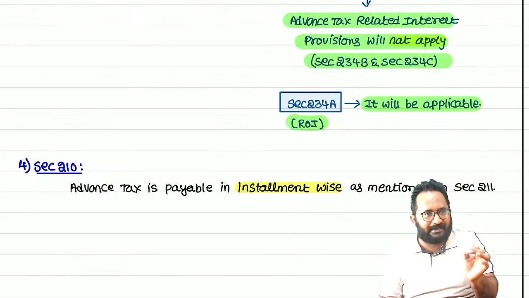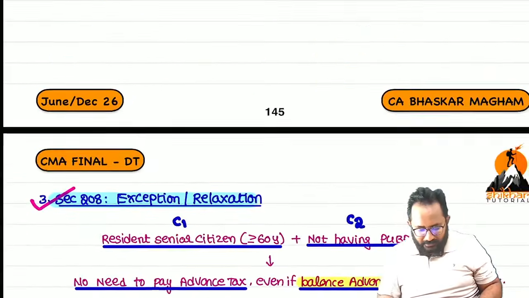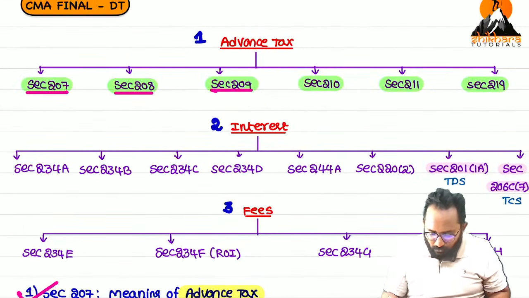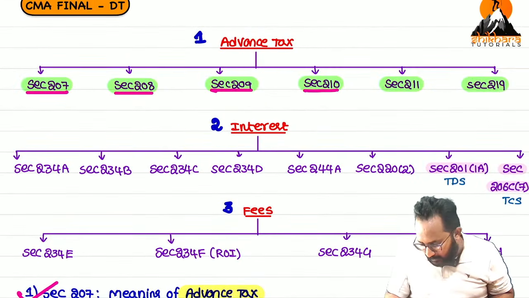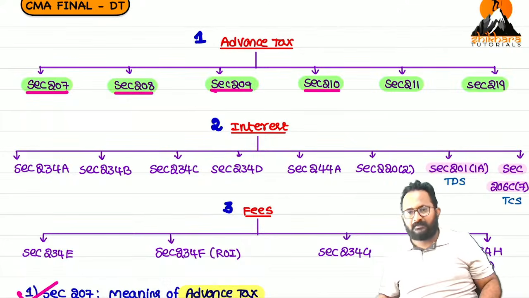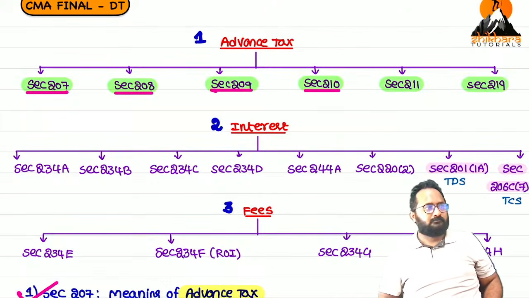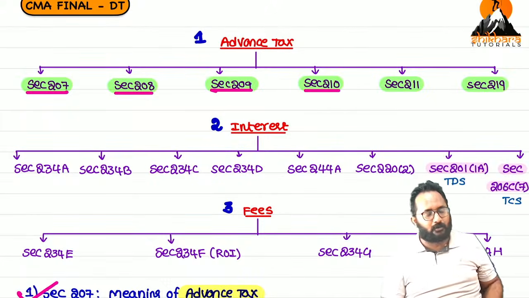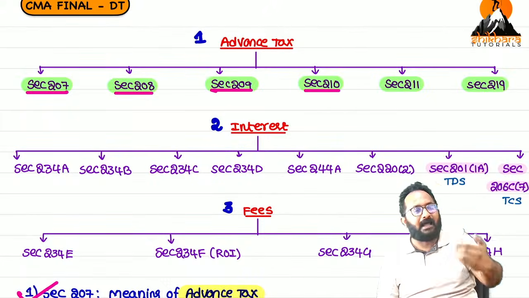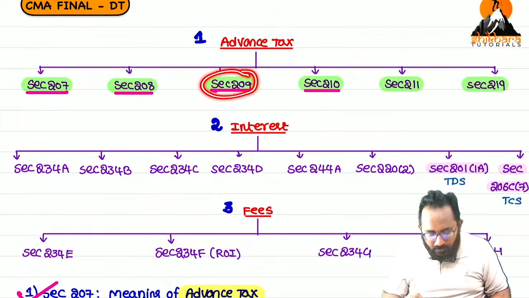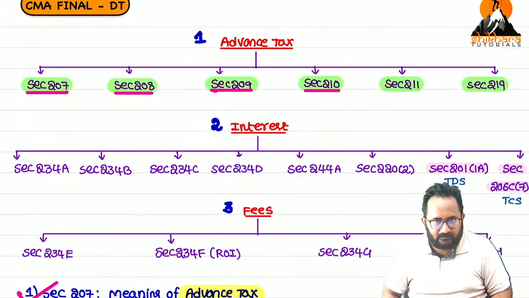So 208 is also done. Shall we discuss 210? Yes, 210 is a very small provision. They are clearly saying that if you are required to pay advance tax, when we decide to make the payment, if the balance advance tax liability is more than or equal to 10,000, you have to pay advance tax.